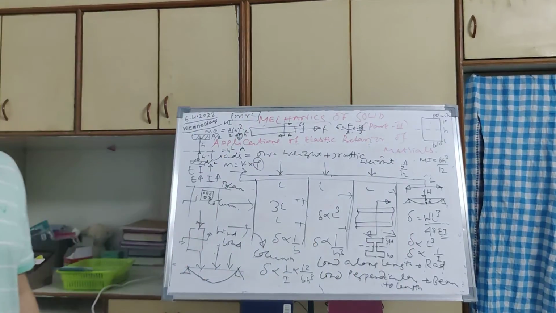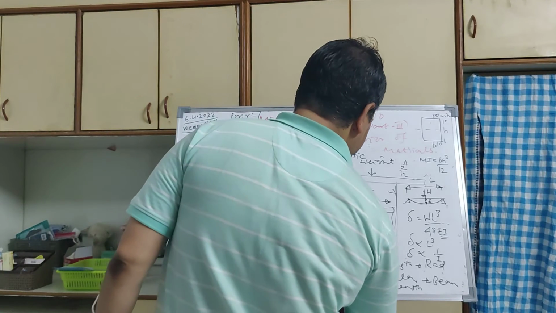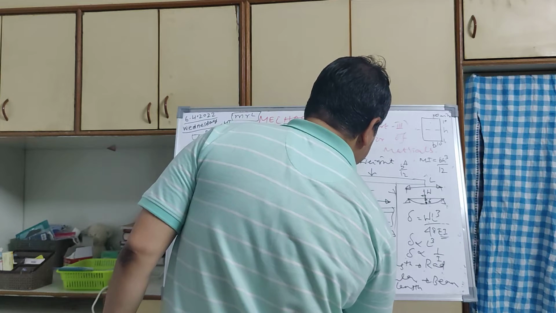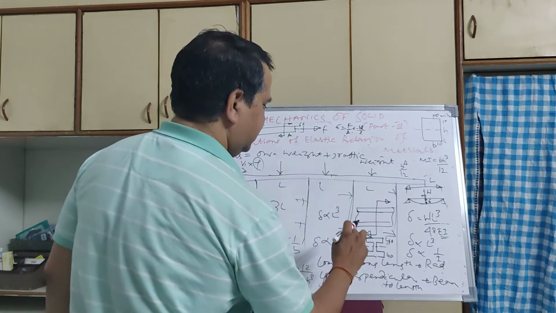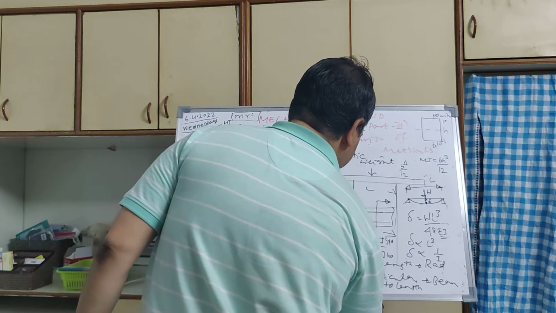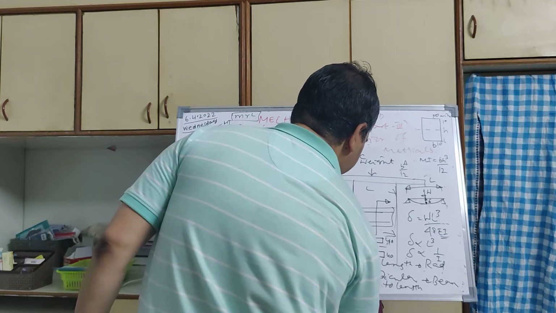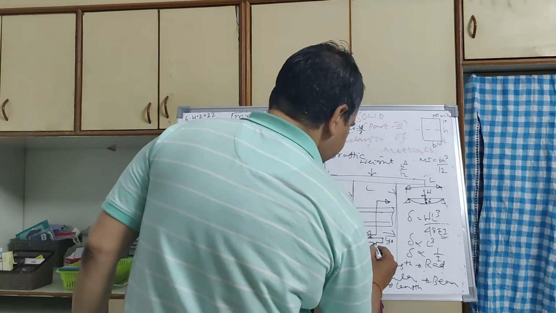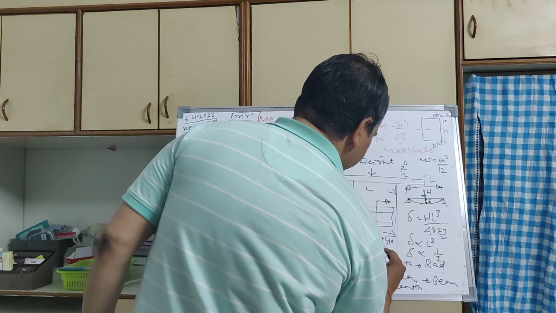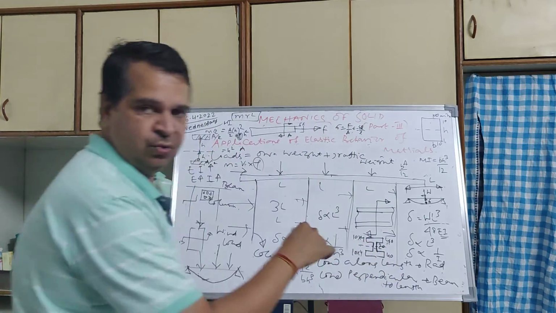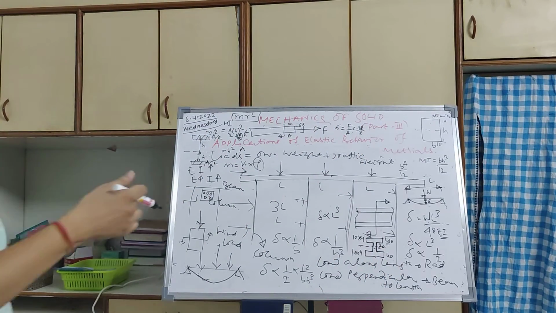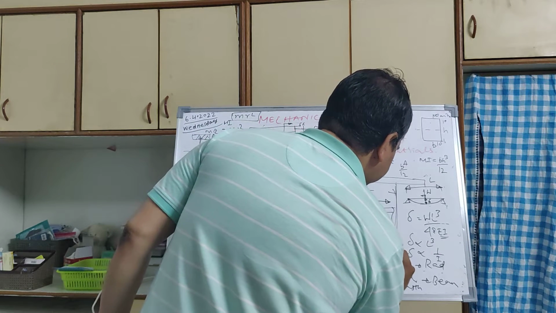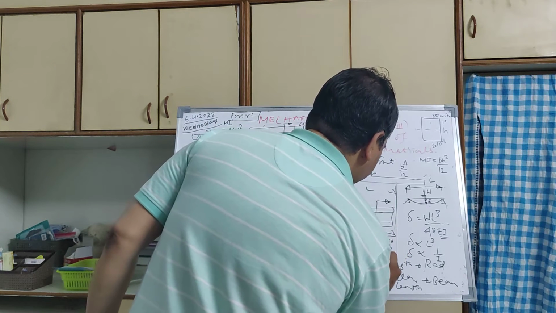I will make it 10 by 4, 10 as width and 4 as height, here. Then the remaining will become 20, like say this thickness is 2 and this height is 10.